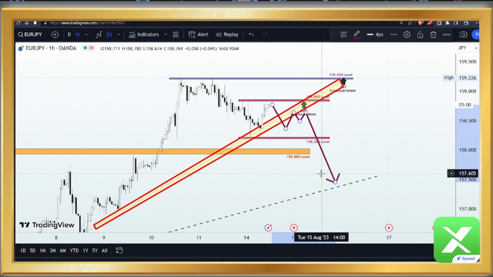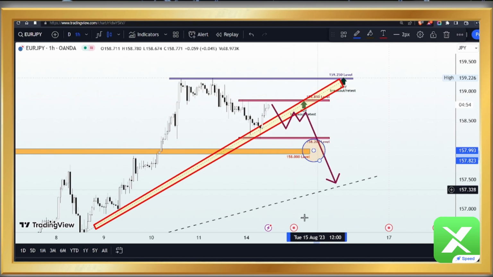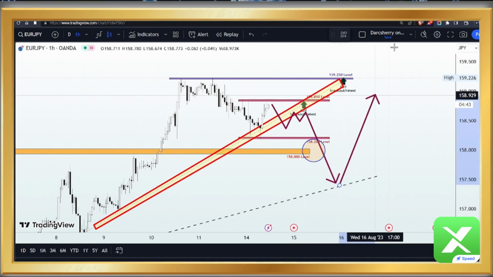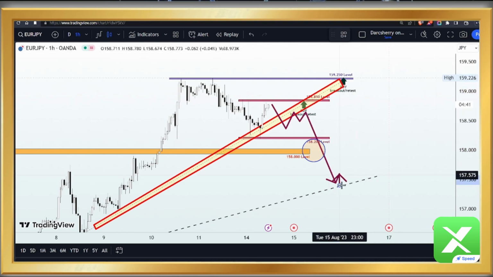But at this point in time, we don't know how far that bearish momentum will go. Is it going to stop at the 158.00 area to incite an uptrend continuation, or is it going to stop at the ascending trend line we identified earlier to incite an uptrend continuation, or probably break down and incite a sell-off in this particular market?